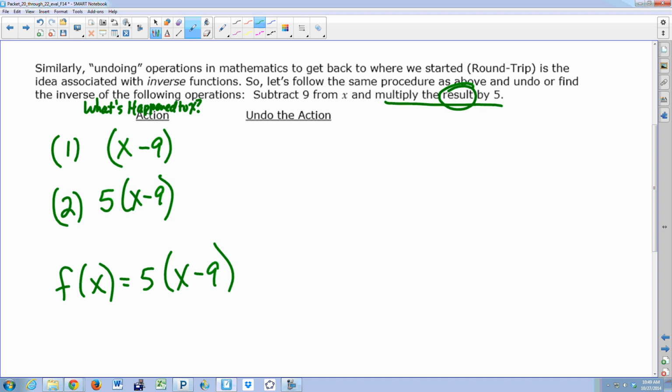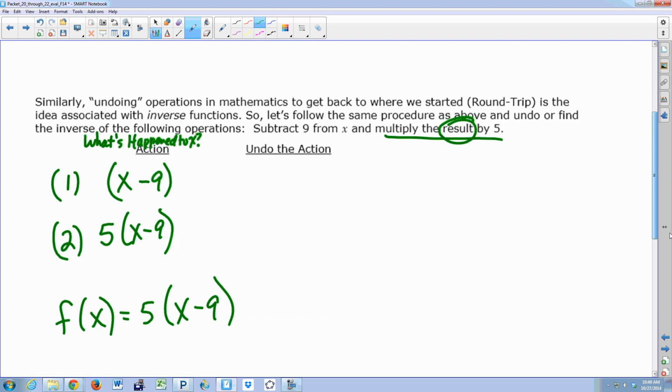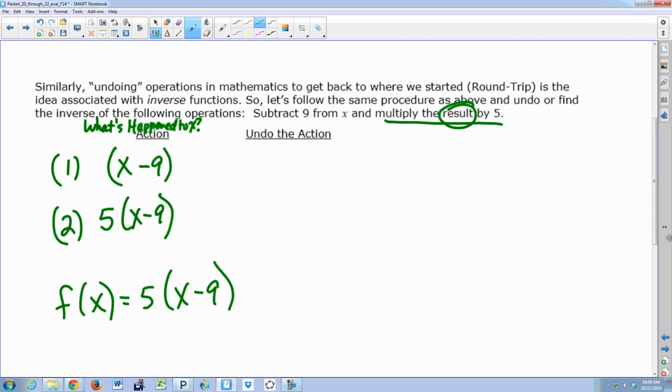Now I want to undo this function, doing exactly the same thing we did with the shoe and the sock. So what's the first thing I'm going to undo? With the x's and the 9s. Well, what's the last thing I did here?